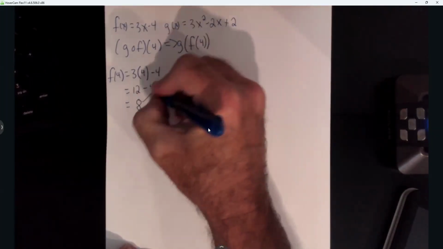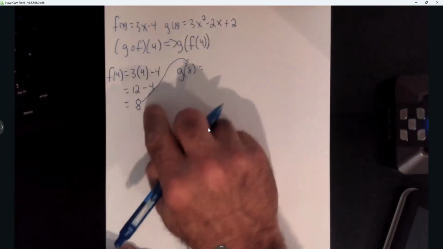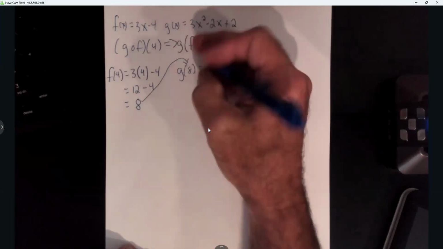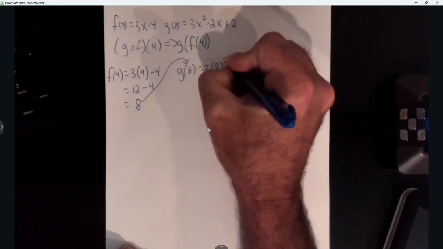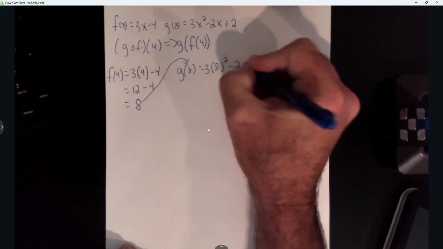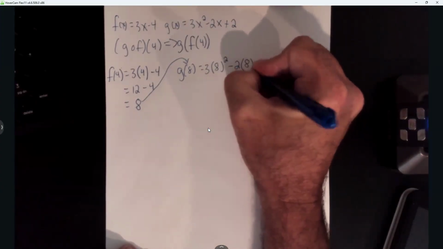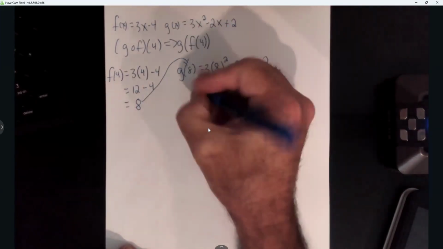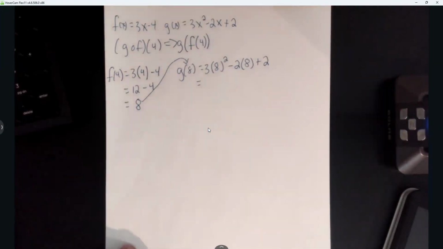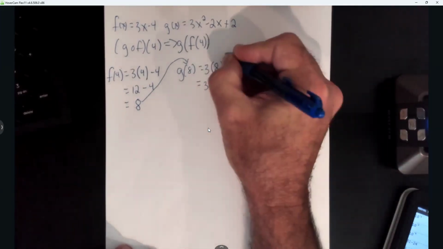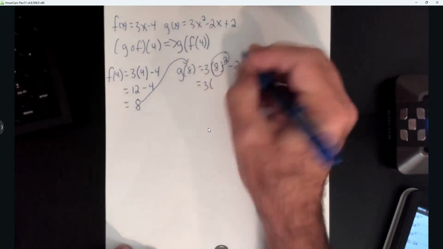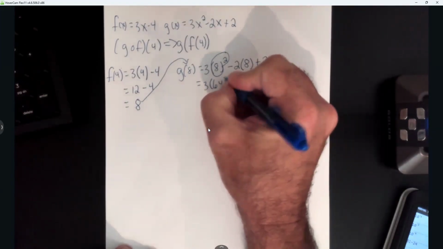So that 8 comes up here and goes into my g equation, which is 3 times x, which is 8 squared, minus 2 times x, which is 8, plus 2. All right, y'all, 3 comes down. The only thing I'm doing is the 8 squared. 8 times 8 is 64.